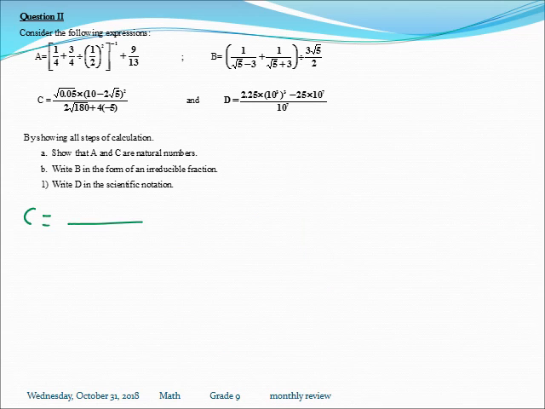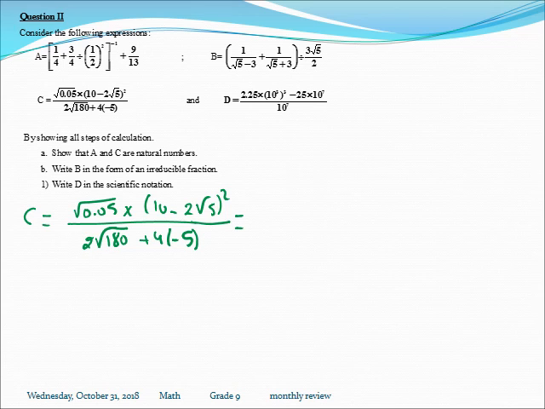C equals radical 0.05 times (10 minus 2 radical 5) square over (2 radical 180 plus 4 times minus 5). First remove the decimal point, so 5 times 10^(minus 2), times (10 minus 2 radical 5) square.